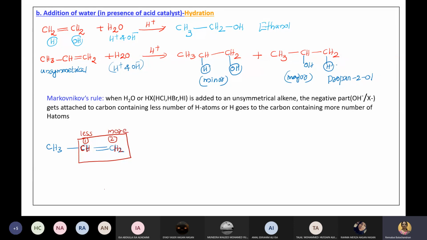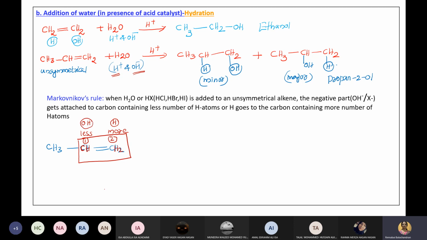Okay, so the rule is you can just write with respect to H plus or write with respect to OH minus. H plus goes to the carbon atom which contains more number of hydrogen atoms. So H comes here. H goes to the carbon containing more number of hydrogen atoms. And if H goes there, OH will come here.